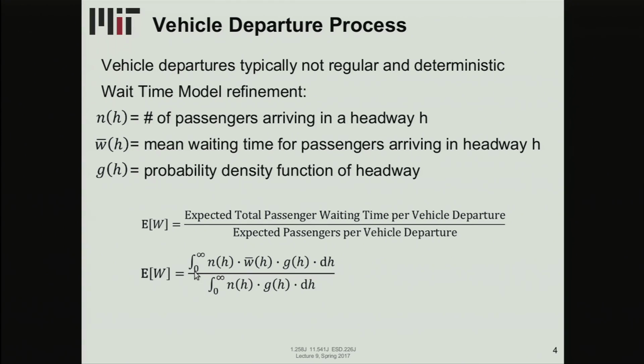We have integrals, in this case from 0 to infinity, because headways can't be negative, so we're not going from negative infinity to positive infinity. For any given headway, we multiply the number of people times how much they wait on average times the probability that I see that headway, integrate over all possible headways, and divide that by the number of people on each headway. Does that make sense conceptually?